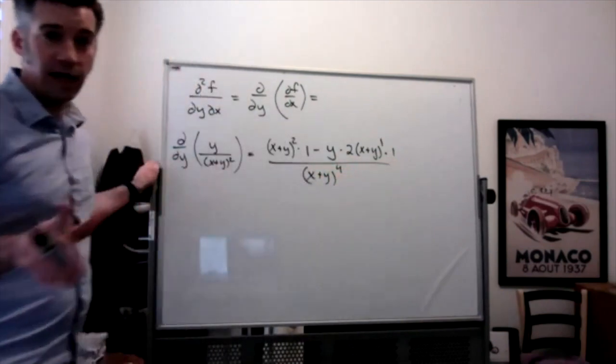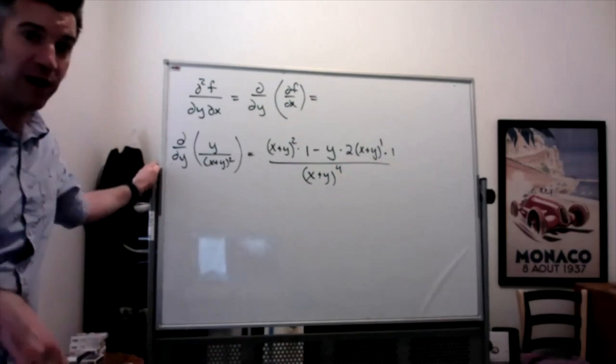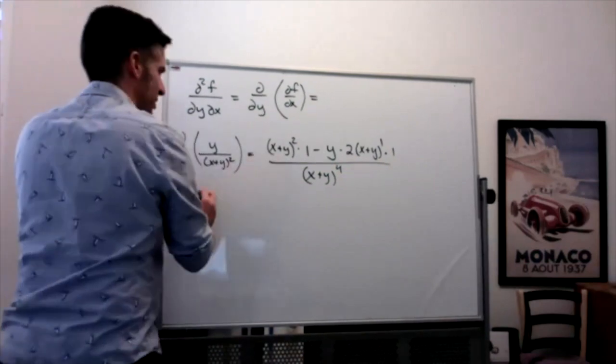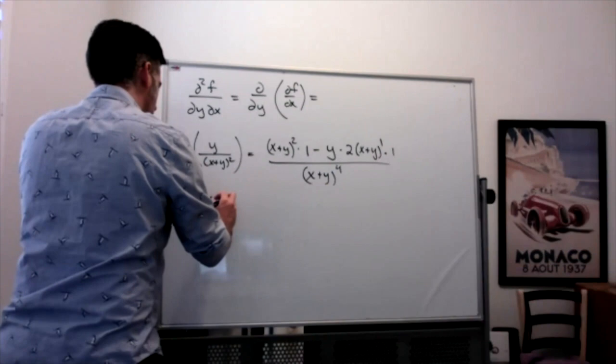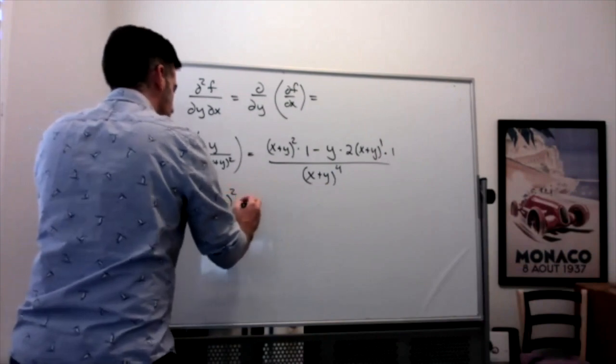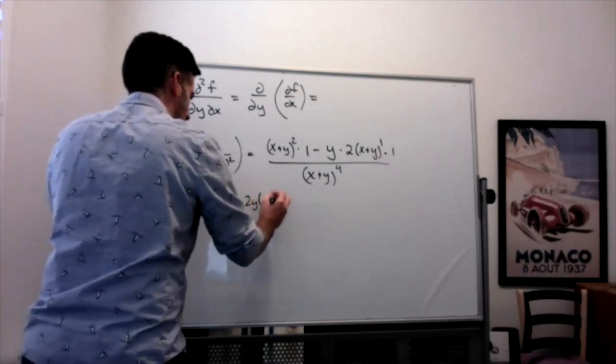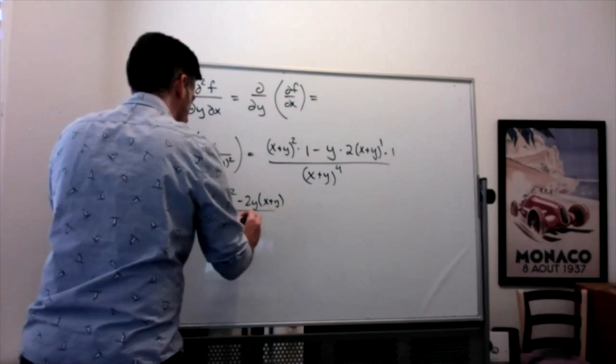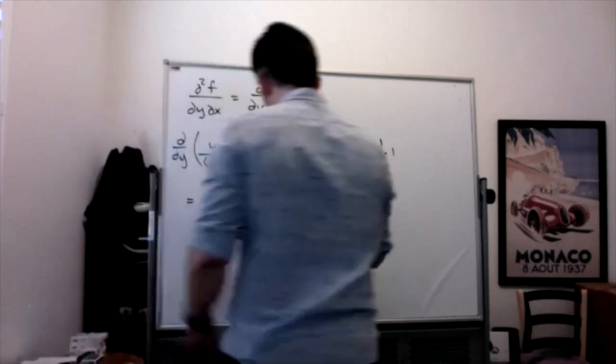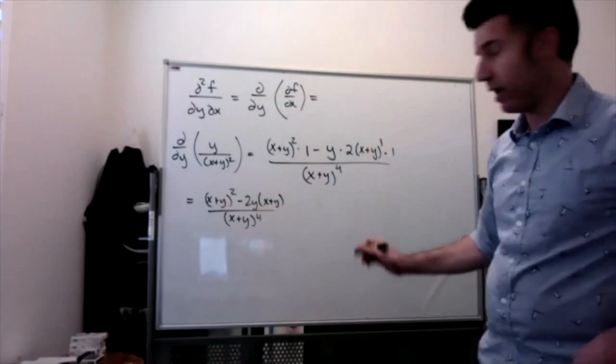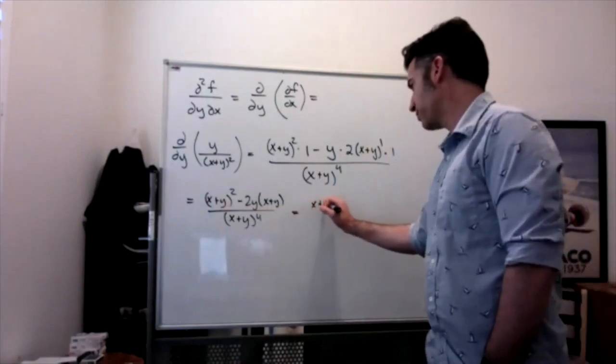Now in this particular case, I can factor out an x plus y on top. Let me actually simplify this a little bit. I've got (x plus y) squared minus 2y times (x plus y) over (x plus y) to the fourth. Each of these pieces on top have an x plus y, so I can factor it out.